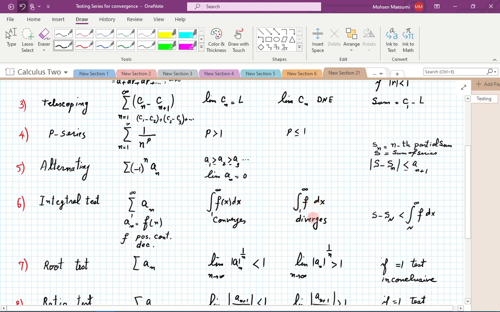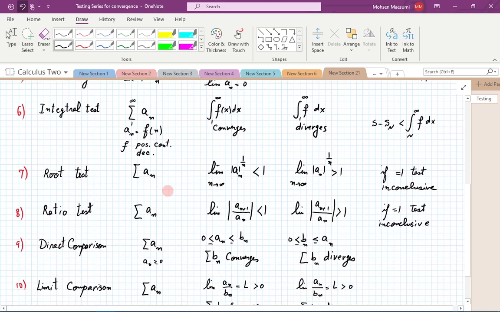If the integral diverges, the series diverges. And we can also approximate how close we are if we add the first n terms. So the difference between the actual sum minus the partial sum of the first n terms is less than the integral of our function on its tail from n to infinity.